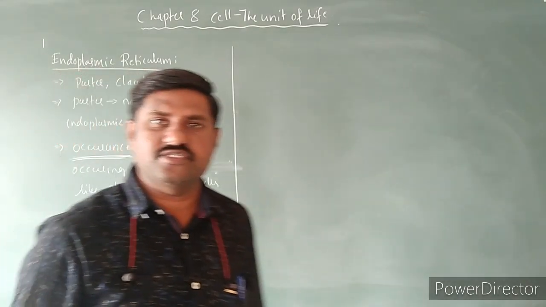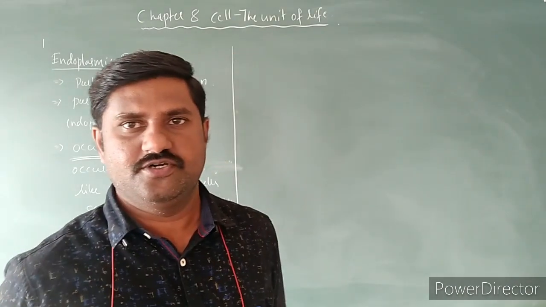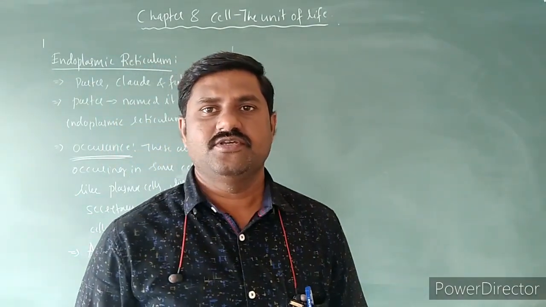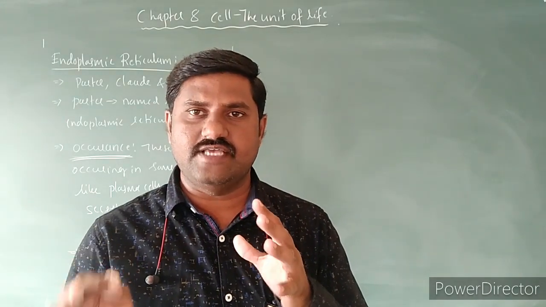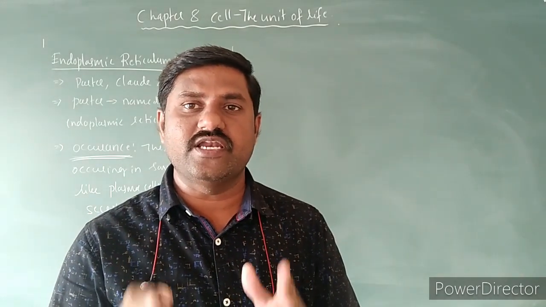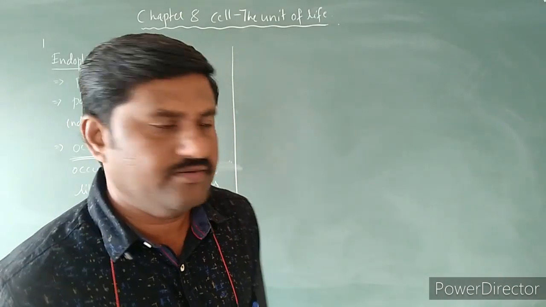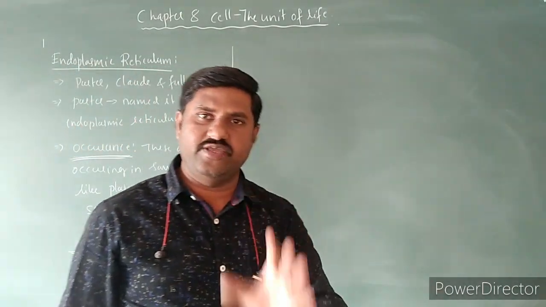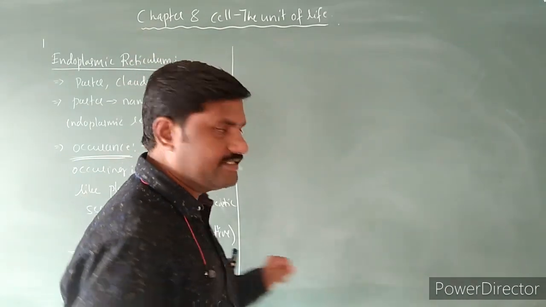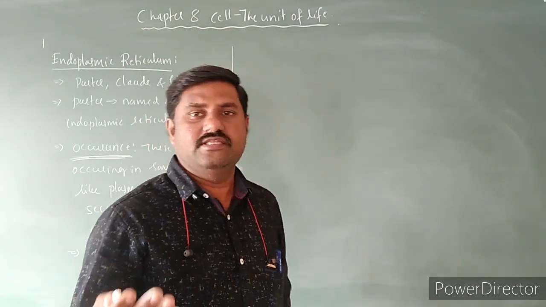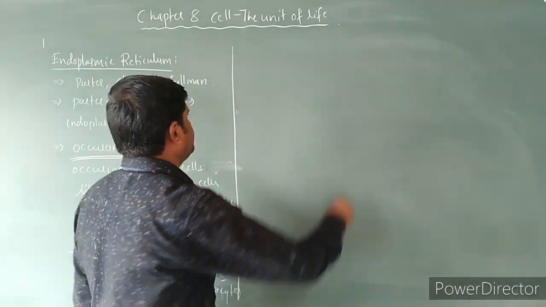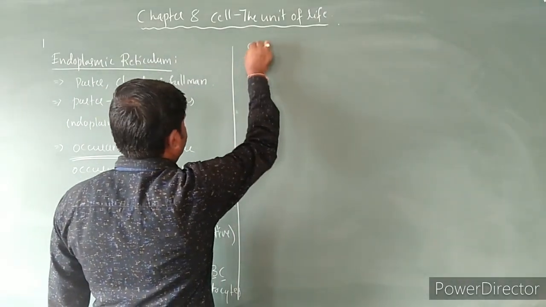Spermatocytes are those cells which are going to become sperms. In those sperm cells, spermatocytes, so these cells contain poorly developed endoplasmic reticulum itself, right? So that is a very important one. So in which cell they are absent, in which cell they are present, we came to know it. Let us start with the structure of endoplasmic reticulum.